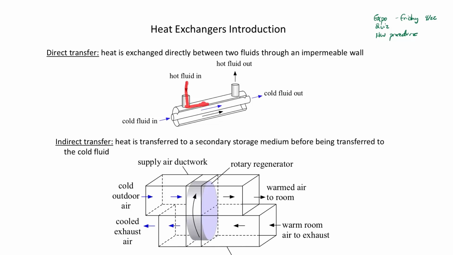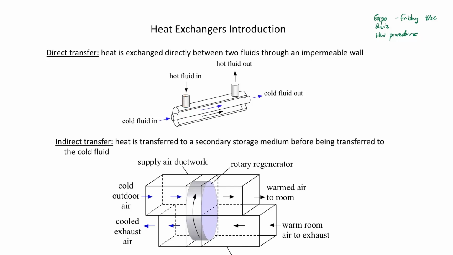That's going in the shell side of this, the outer part of it. And then on the inner part of it, you have cold fluid going in. So when heat is transferred from this hot fluid into the cold fluid, it's going across a wall, directly from one fluid to another. So that's called direct transfer.